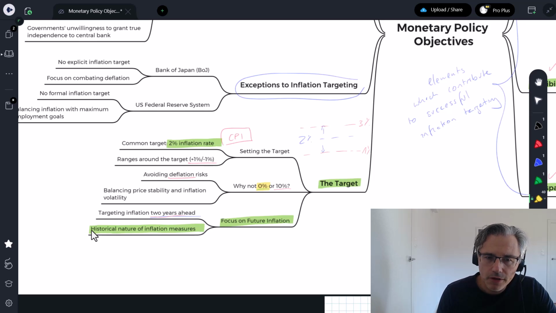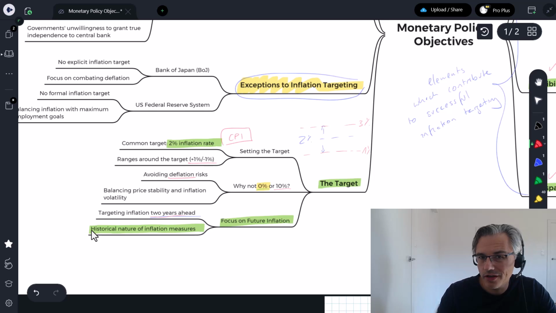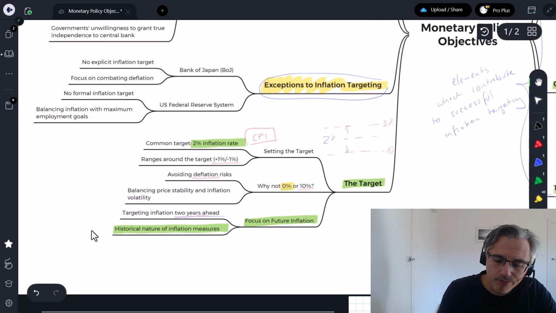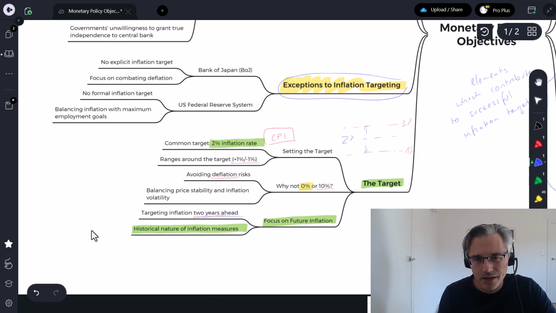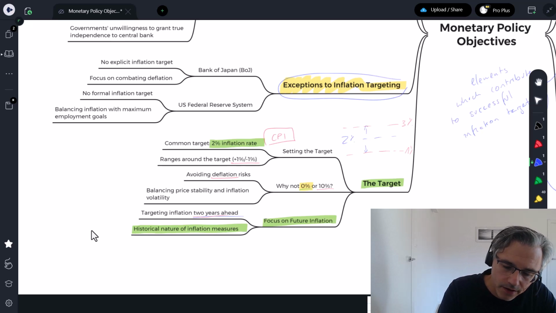Okay, so let us now discuss just a few exceptions to the general notion that most central banks target inflation. It's not universally the case. It is the case in many countries, but not everywhere. And the two notable exceptions, very important ones, are Japan and its Bank of Japan.